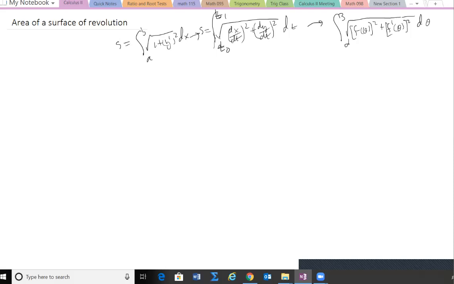You have a similar progression from the 2 pi. We'll start off with 2 pi r of x, and then the square root of 1 plus y prime squared dx, for the surface area of a surface of revolution. Okay, the area of the surface of revolution is what I want to say.